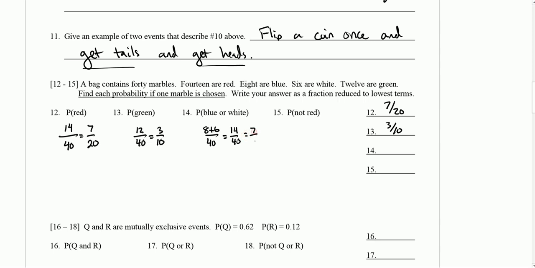Cut them in half, you get 7 over 20. Not red. Okay, well, not red would be the complement of 12, so it'd be 1 minus 7 out of 20.